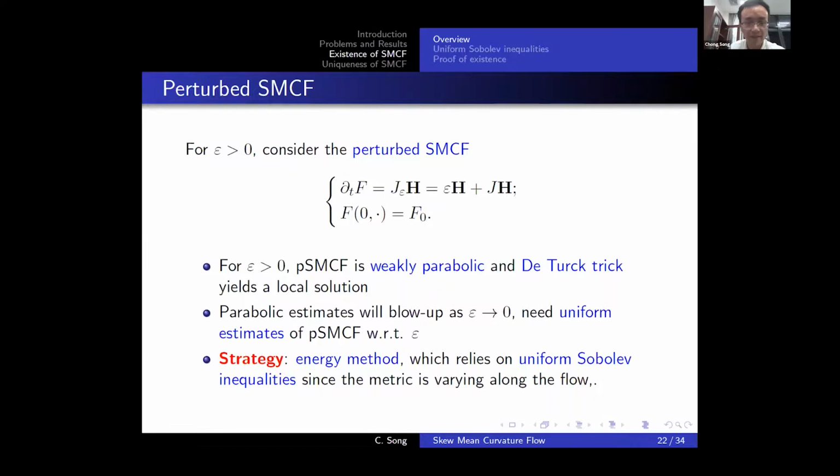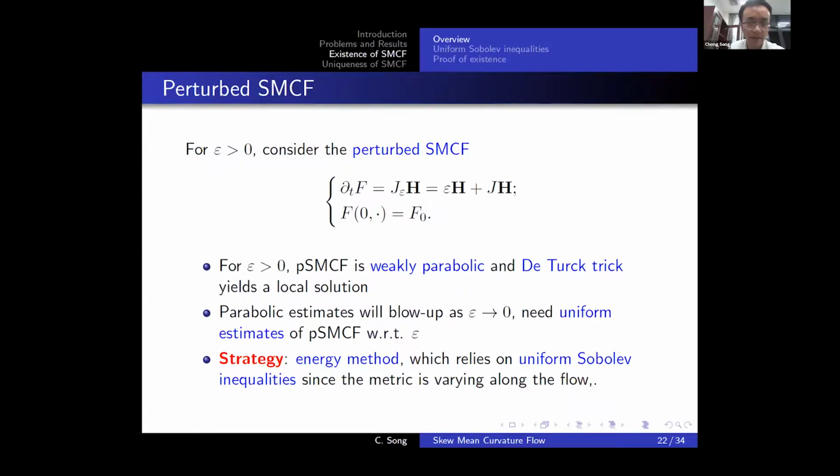Then this perturbed equation becomes a parabolic type equation. It's weakly parabolic actually, but we can use the well-known DeTurck trick to translate it to a strictly parabolic one.